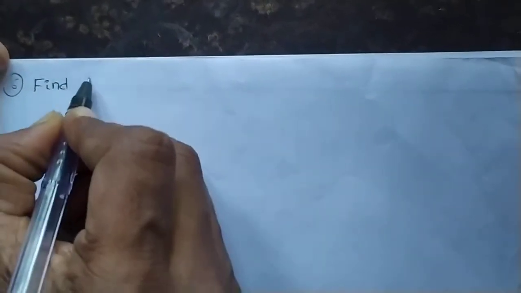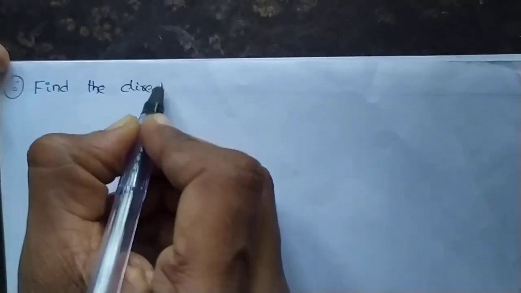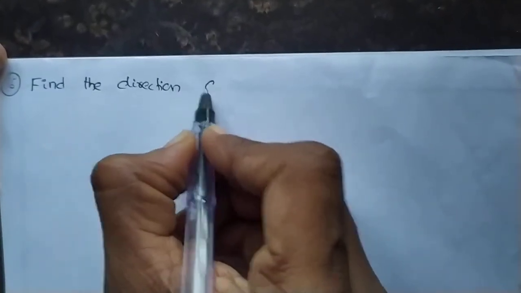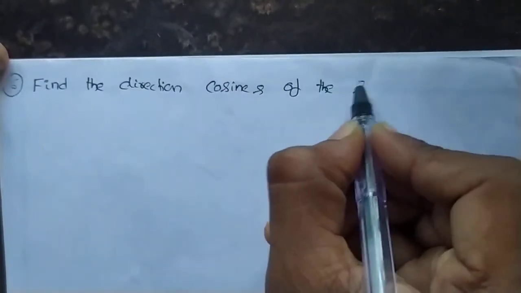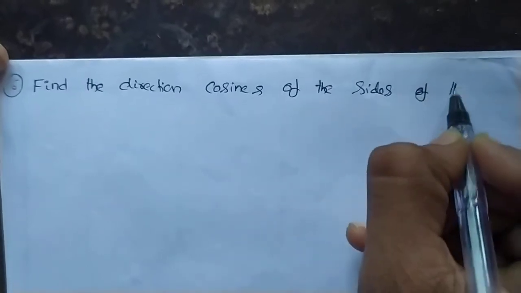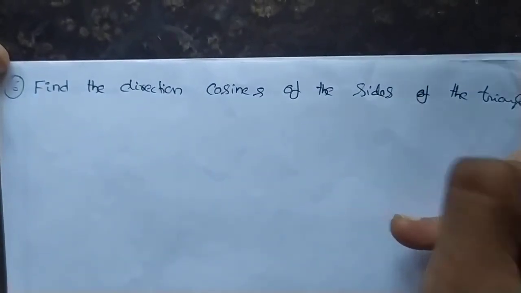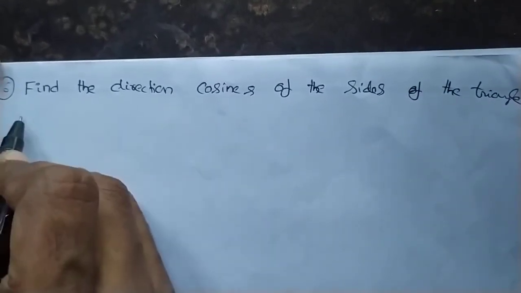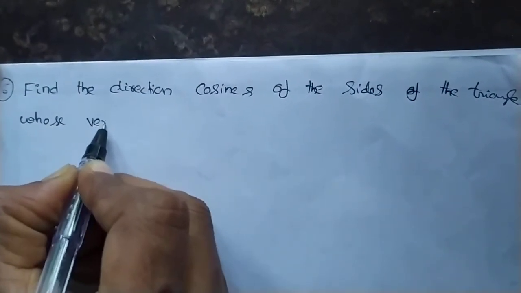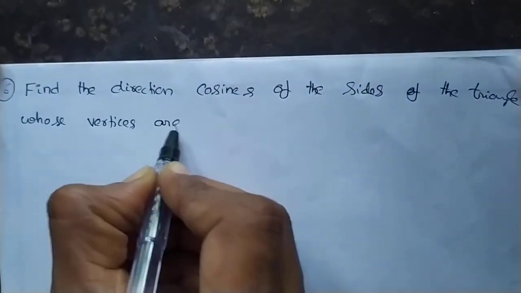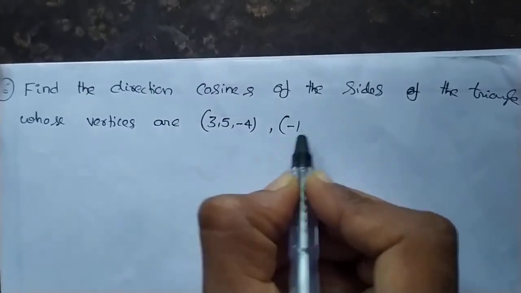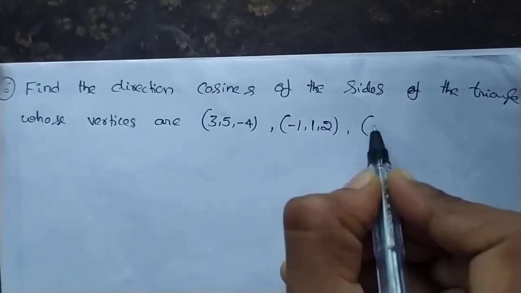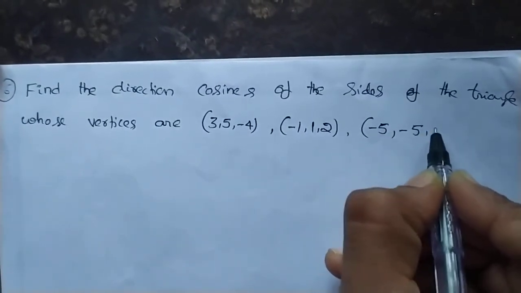Sixth problem. Find the direction cosines of the sides of the triangle whose vertices are 3, 5, -4, -1, 1, 2 and -5, -5, -2.